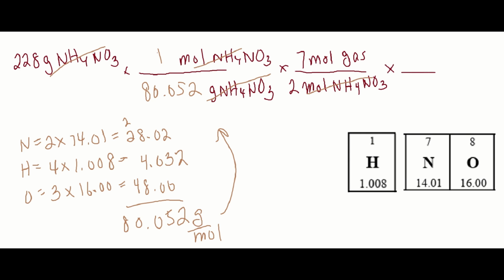And to turn that into volume, we use the molar volume because we assume this is at STP. And so 1 mole of any gas takes up 22.4 liters of volume.